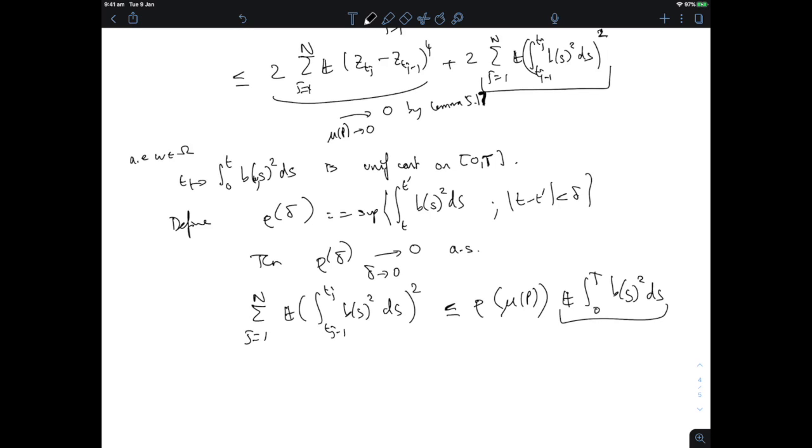Yeah, I cannot quite do that because of course this would depend on omega. My rho of delta is itself a random variable, but what I can do is I can do that for every omega. So for almost every omega, this is controlled by this times this quantity.